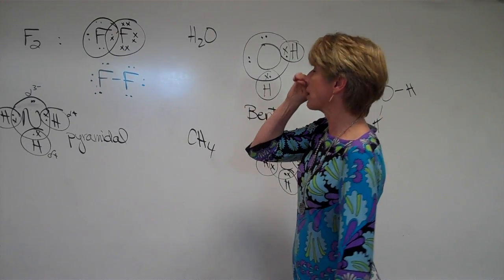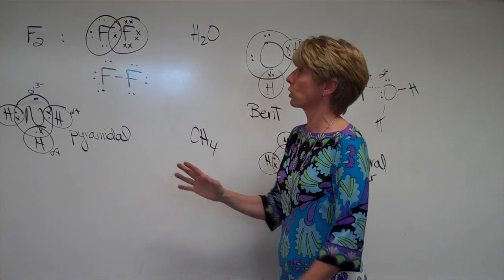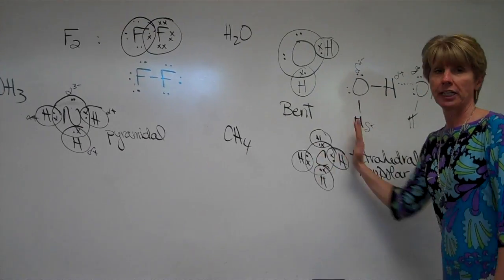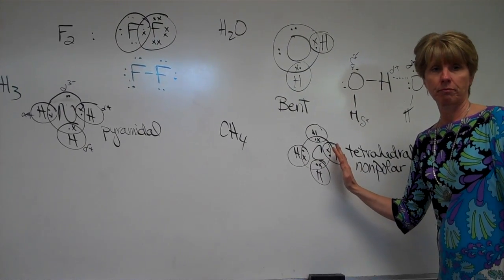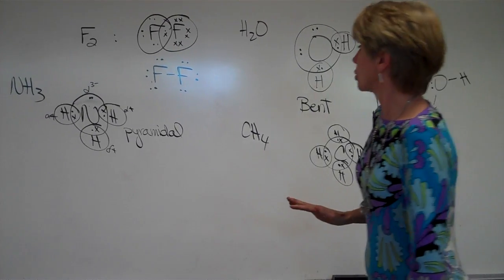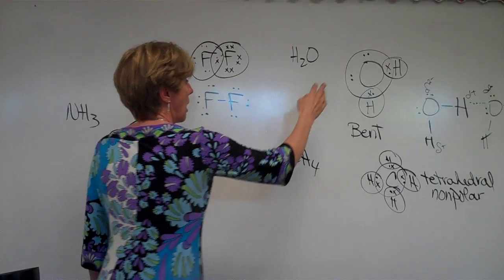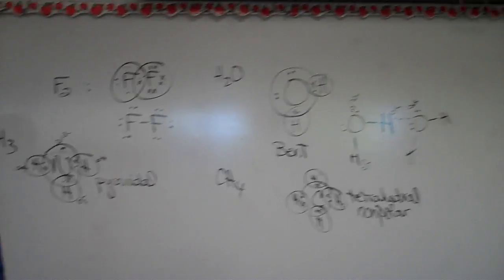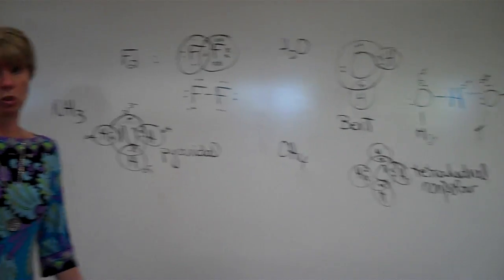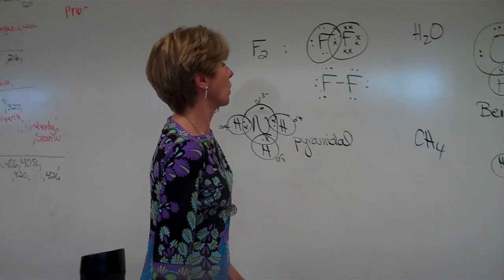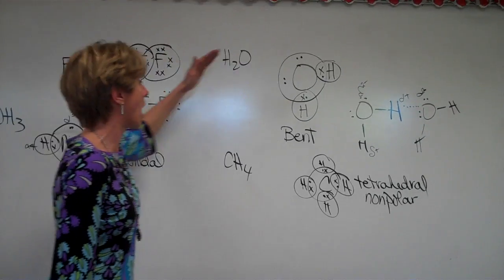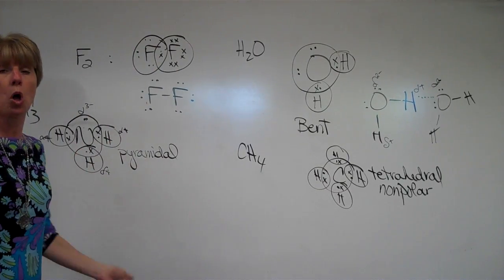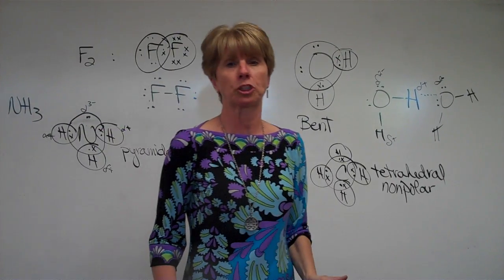Okay? The things that can be symmetrical or nonpolar are going to be your linears and your tetrahedrals. Your other 2 shapes, bent and pyramidal, are never symmetrical. They're always going to be polar. Okay? So these are called polar molecules, and the attraction between polar molecules is called dipole-dipole attraction.